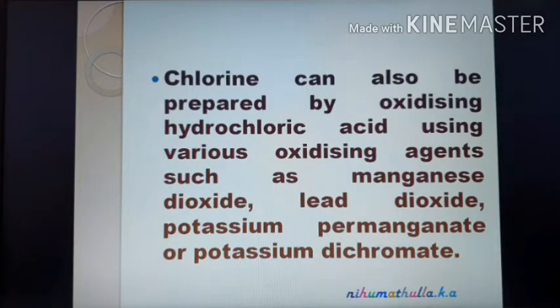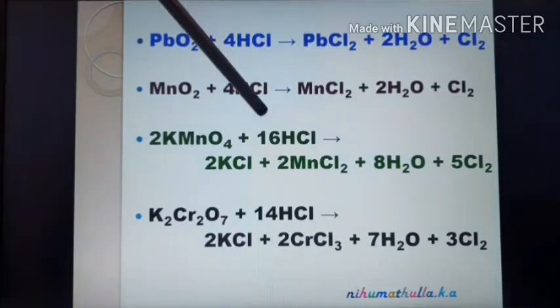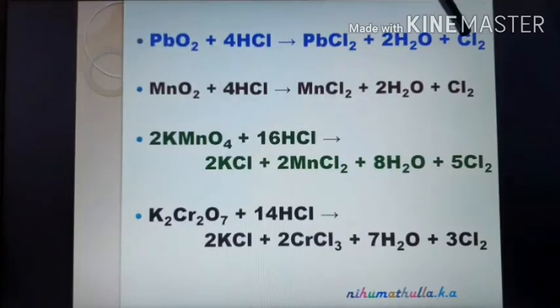All these reactions we will discuss. PbO2 when treated with hydrochloric acid, in all these reactions, hydrochloric acid is oxidized into chlorine.